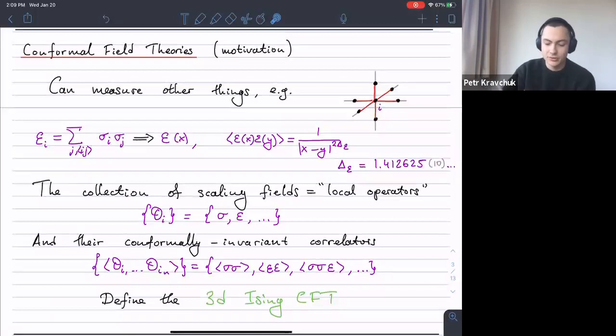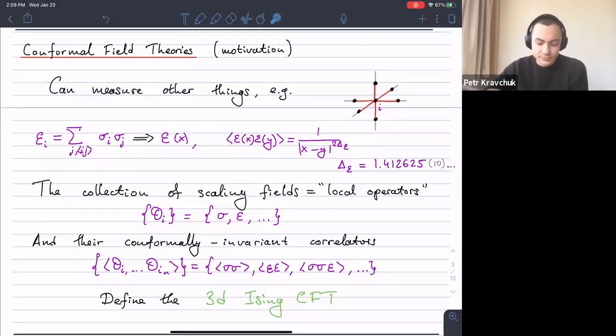For example, you can define an operator epsilon I, which is localized near sigma I, but also multiplies it by sigma j from all neighboring points. And by repeating a similar procedure, we get a continuum field epsilon of x, whose 2-point function also is a power law, but now with some other power, which is known to similarly high precision.